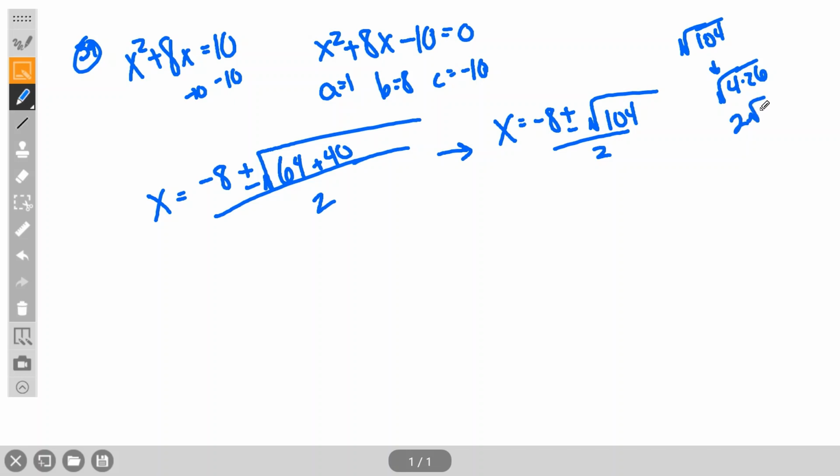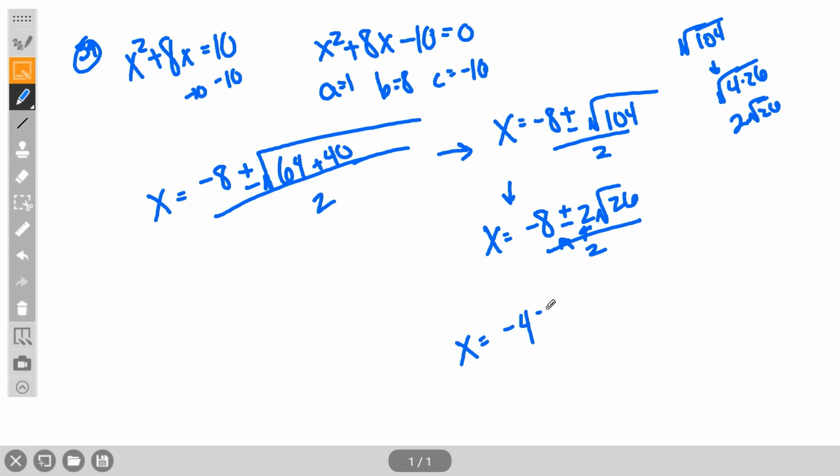So that would be 2 root 26. So this becomes x equals negative 8 plus or minus 2 root 26 over 2. Now, I'm going to split the denominator to each of these, which is going to give me negative 4 plus or minus root 26. That would be my two solutions.